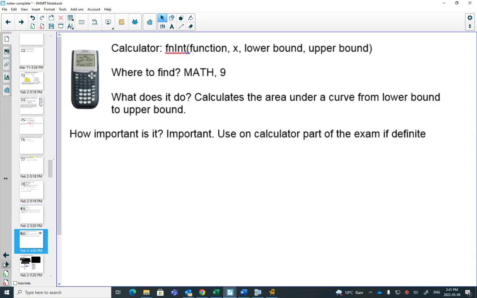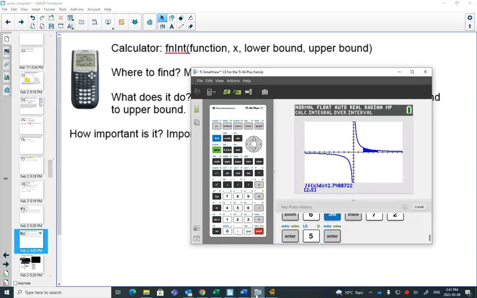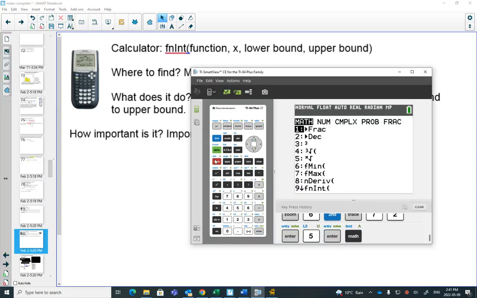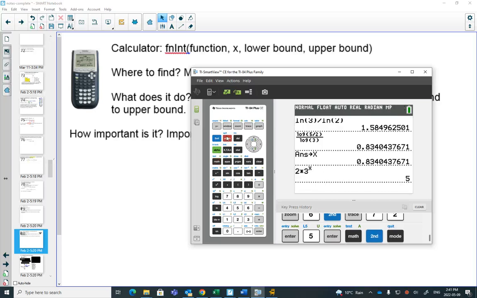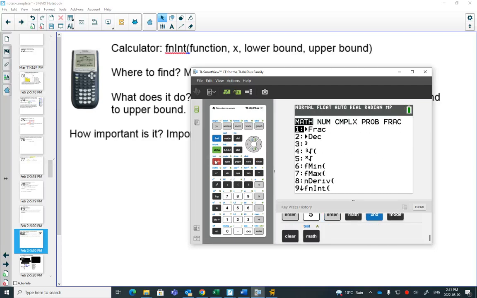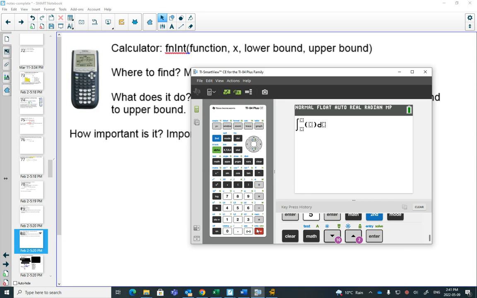Other thing on our calculator that we can type in is the math button. I should go out of here, clear this. Hit the math button, go down to number 9, where it has integral. Depending on what version you have, you can type it in exactly as you see it.